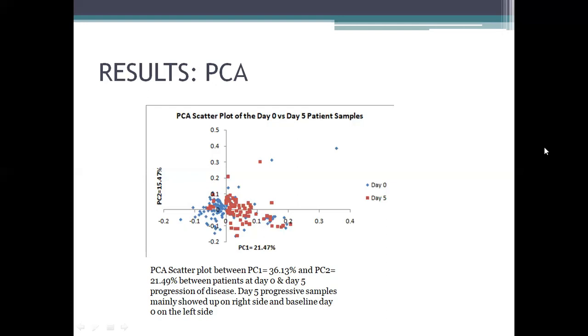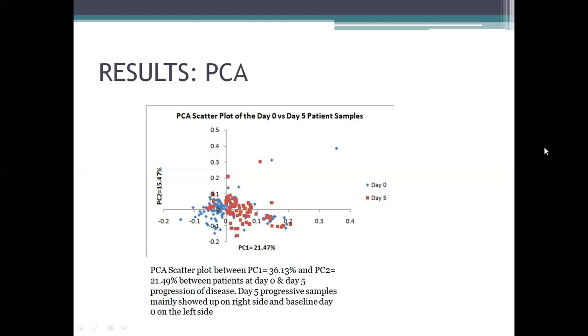We observed a PC1 value of 21.47, a PC2 value of 15.47, and subsequent PC3, PC4, PC5 to PCN values were also observed, but the highest PC values were taken to be plotted on the x-axis and y-axis respectively.